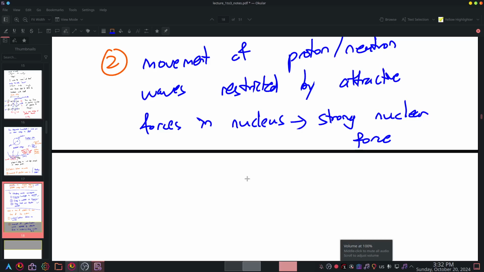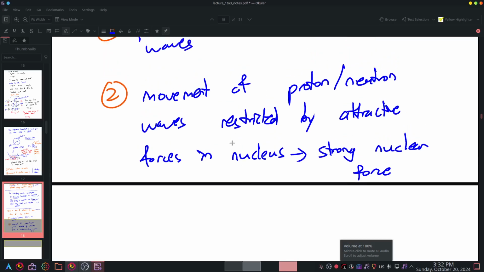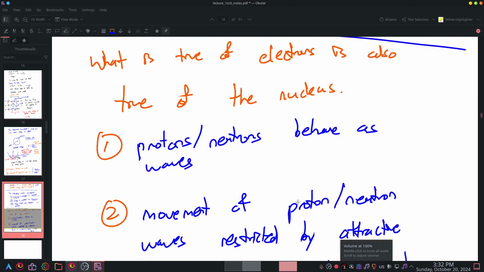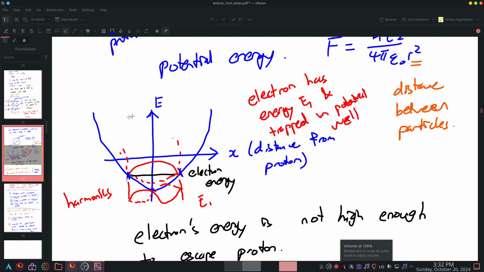Okay, but the same principles apply because protons and neutrons behave as waves. The movement of proton and neutron waves is restricted by these attractive forces, such that while the protons and neutrons have energy, it is less than the potential energy needed to escape.